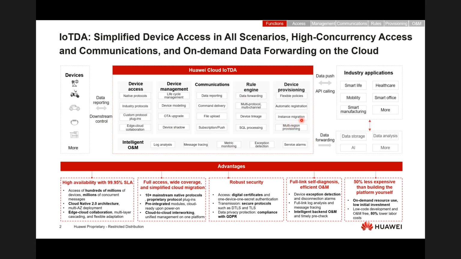If you only want the speed data to be stored in maybe MySQL, then we should filter out the location data, right? So you can use this SQL processing to filter just one kind of data, and it will work. There's no need for your device to make any change, just use the rule engine to filter the data.